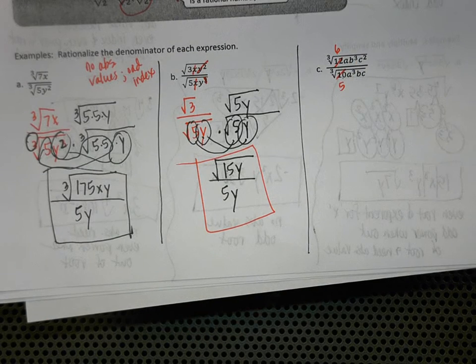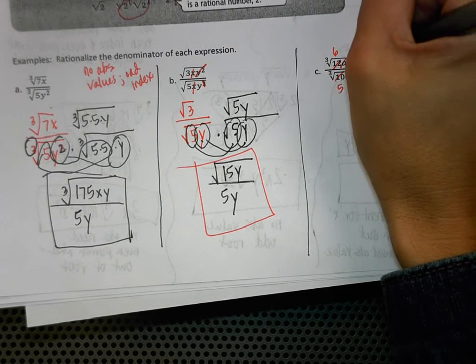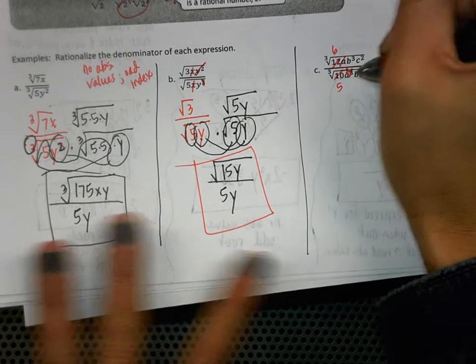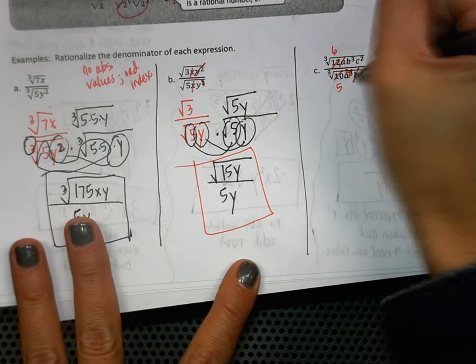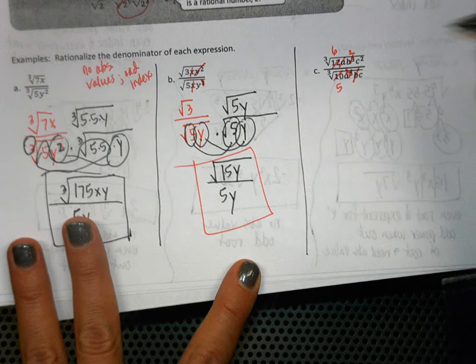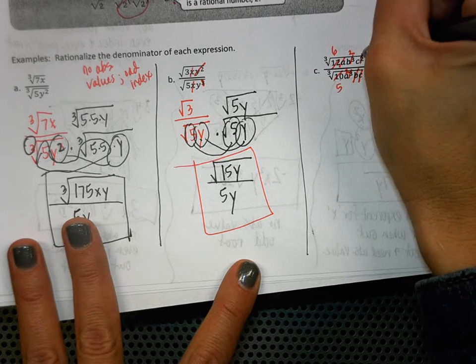What happens with the A's? Okay, the one on top cancels. Good, the one on the bottom is A squared. So the B's, bottom cancels, and the top becomes B squared. And then the C's, the C on the bottom cancels, and that top one just becomes C.